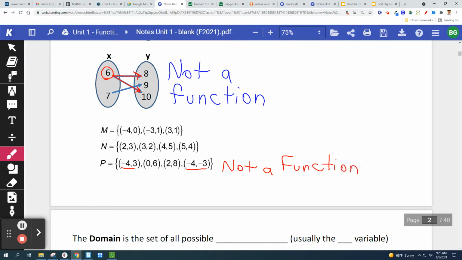The other two are, and I guess it's easiest to see when the x numbers are all different, there's not going to be a problem. That's a function. Each x is only going to give you one possible y answer. This one, when these x numbers are all different, each x is going to give you a y answer. That's a function.